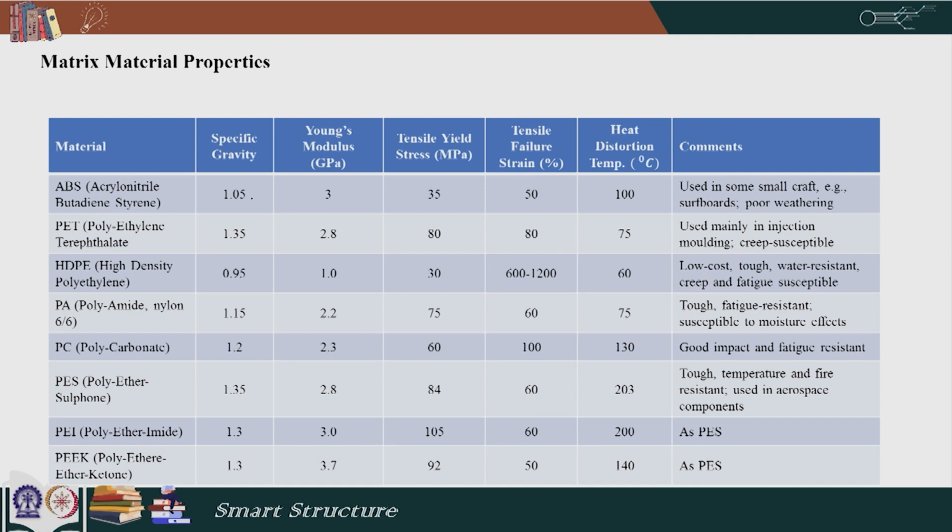Specific gravity 1 to 1.05, Young's modulus 3 gigapascal. Tensile yield stress is 35 megapascal, tensile failure strength 50%, heat distortion temperature is 100 degrees centigrade. Similarly, there are various types of these polymer resins and we can see their comparisons.